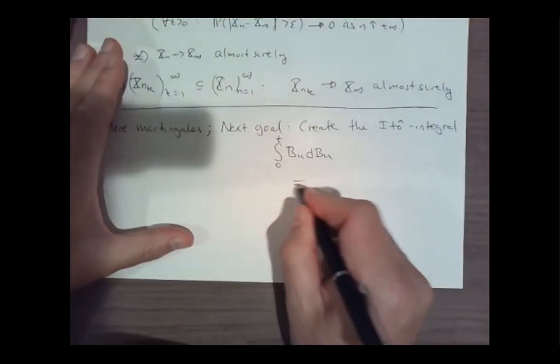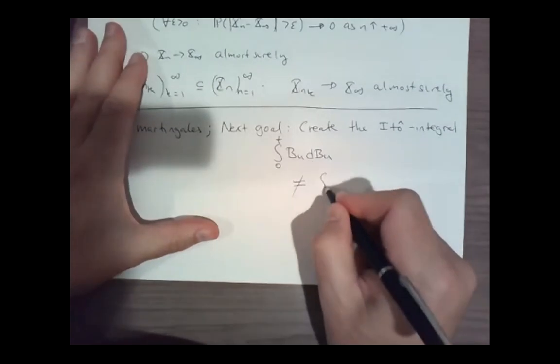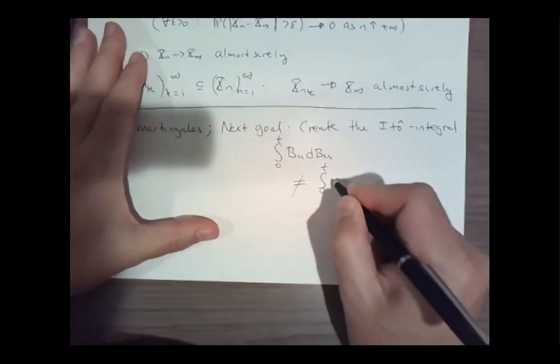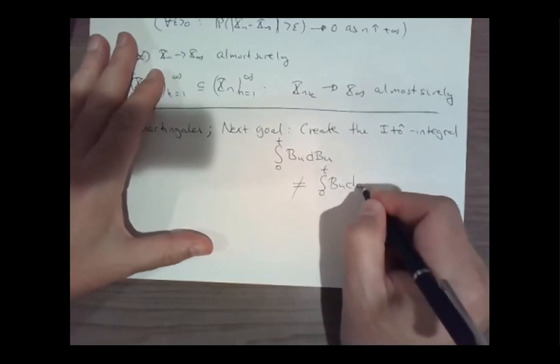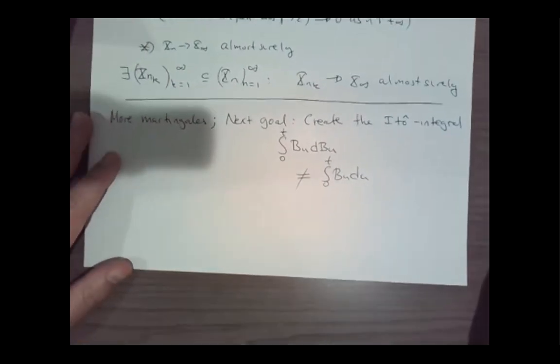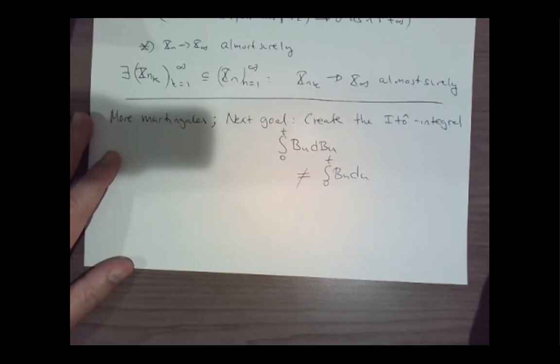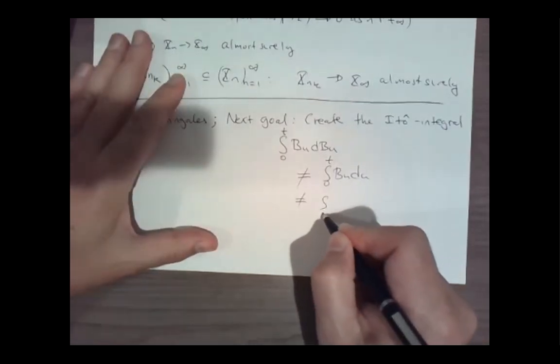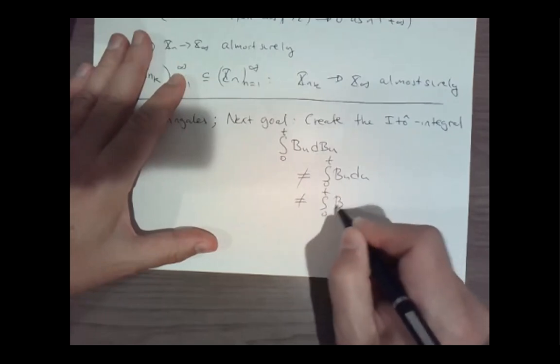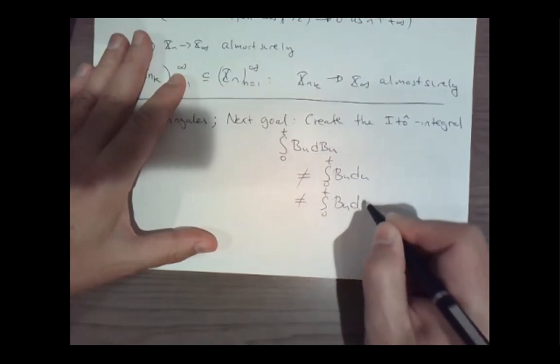So this here is absolutely not the same in any way, form or shape as this integral. It's also not the same in any possible way as something like this.